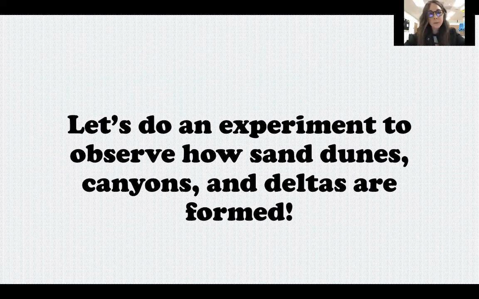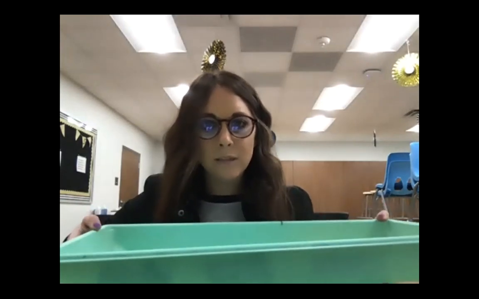So we're going to do an experiment to observe how sand dunes, canyons, and deltas are formed. In order to do this, I am using what is called a stream table. It's a science tool that we use to show weathering, erosion, deposition and landforms.